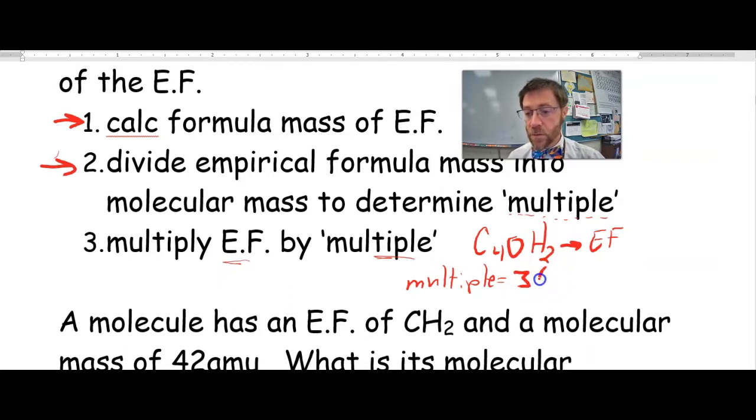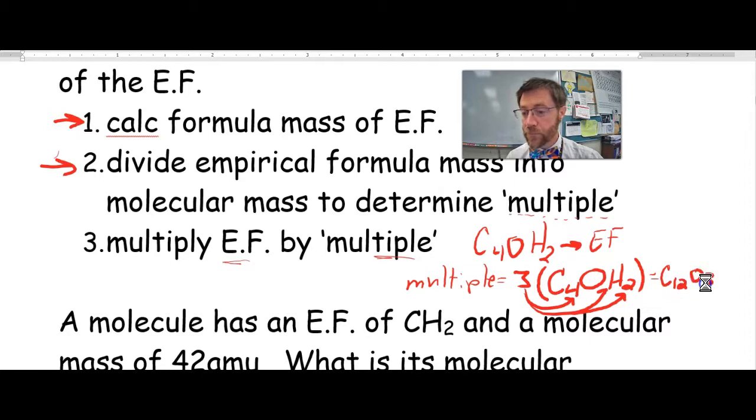So what we're going to do is distribute that 3 throughout this empirical formula, like into the subscripts, right? So it'll be 3 times 4, 3 times 1, and 3 times 2. So that's how we will get our actual chemical formula.